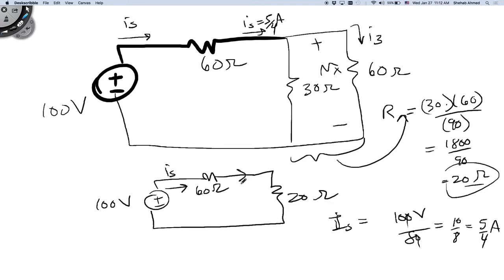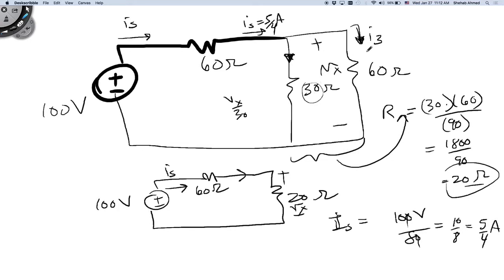I can keep it as 5 over 4, multiplied by 20, and then I would find Vx that way. Then I can take Vx and divide it by 30, and it will be this current. And then Vx divided by 60, and it will be my I3 current. I can go that route.